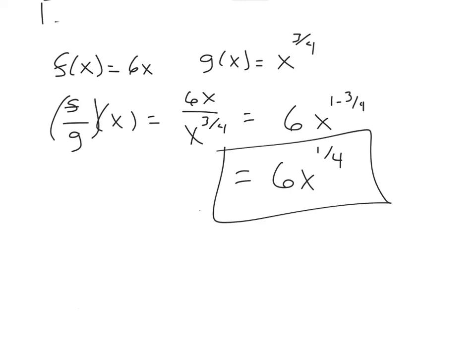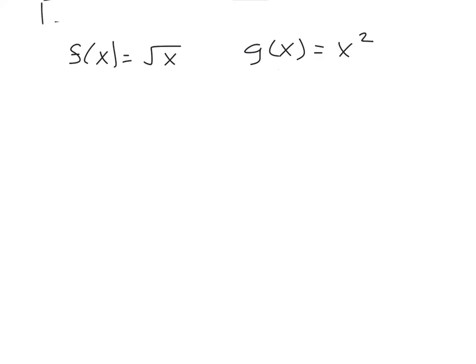Now let's do a multiplication one, okay? And for this multiplication one, I'll change it to something other than x. So for multiplication, let's do f of x is equal to the square root of x, and g of x is equal to x squared, okay?